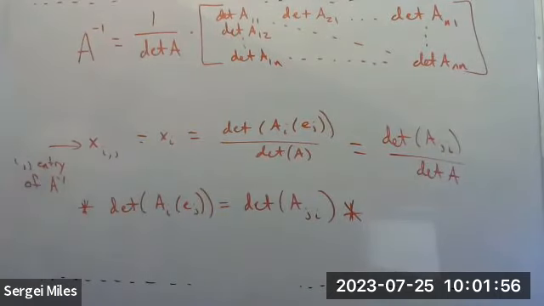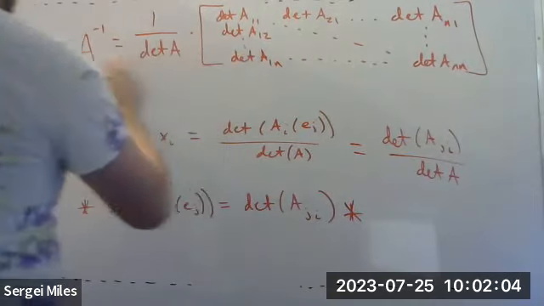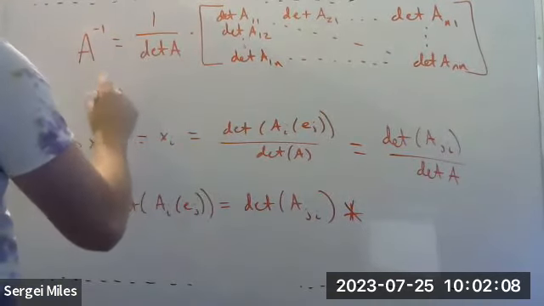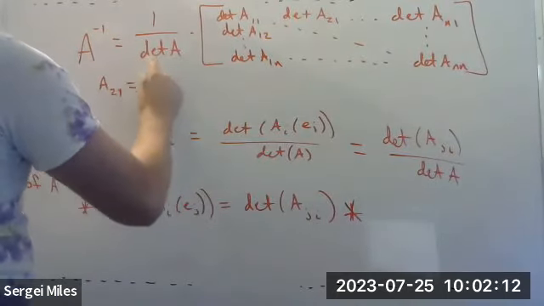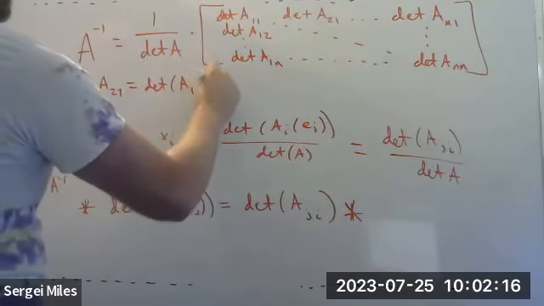So alternatively, if you want to use the formula I have here, note first of all that A21, for example, according to what we have here, equals the determinant of A1,2 with the deleted row and column.